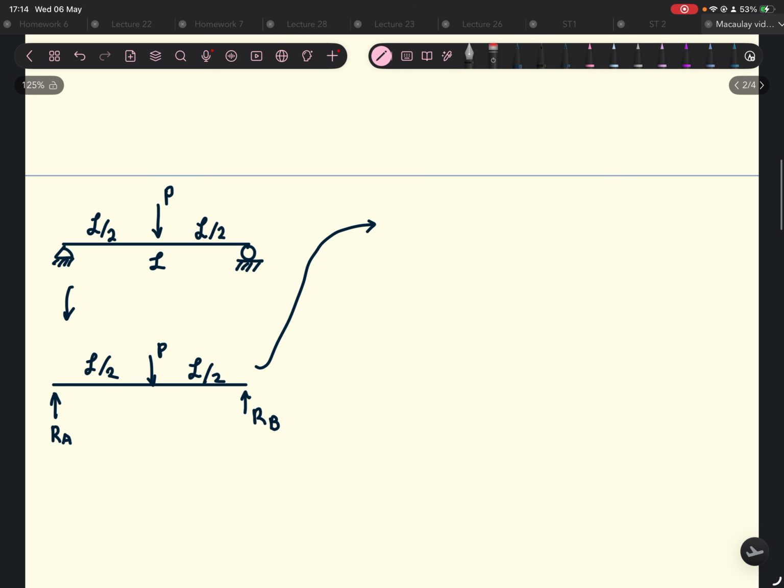If you're unsure, I do not recommend you do this in the test, it's going to take forever, but you can section the beam just before the load P, and this is going to be your shear force. Then you can do sum of forces in the Y equal to 0, so your shear force is equal to RA.